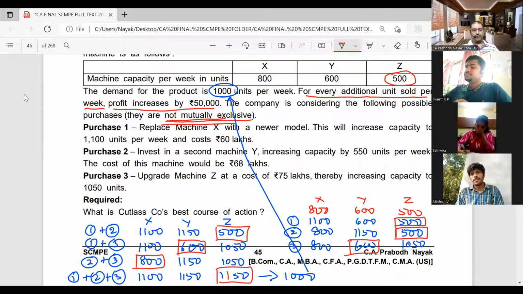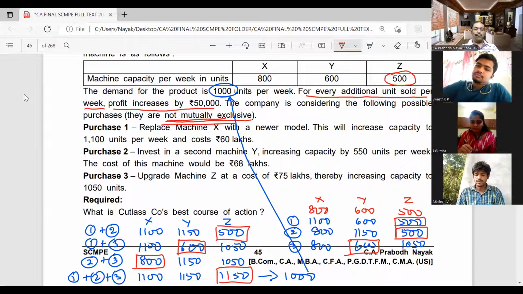Right, point number 5. From the above discussions, it is clear that none of the above options are feasible.